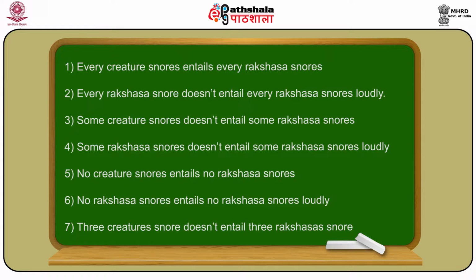Some creature snores does not entail some Rakshasa snores. That means some is not downward entailing with respect to restriction. Some Rakshasa snores does not entail some Rakshasa snores loudly. And some is not DE with respect to predicate.